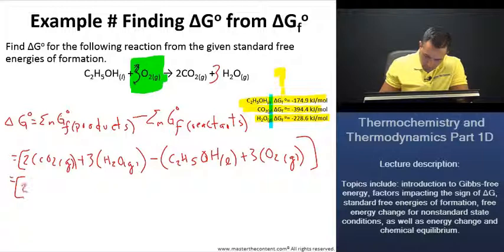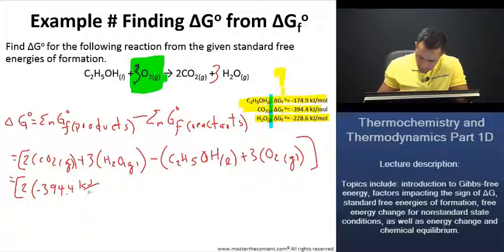In doing so, for carbon dioxide, the value given to us is negative 394.4 kilojoules per mole, right? We're also given the value here for our H2O gas as well.